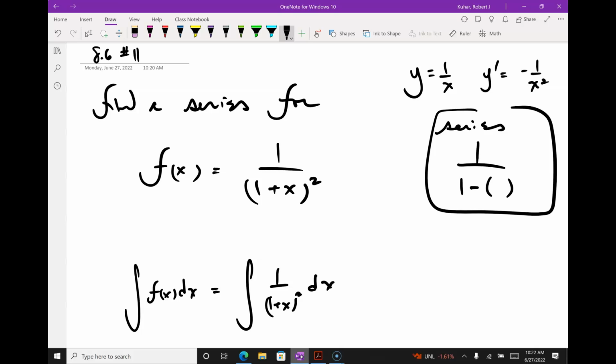And what is that? No, 1 plus x squared would be, right? So this is 1 plus x quantity squared. Well, we're just going to do a u sub here, aren't we? Yeah. So if u is 1 plus x, du is just dx, yes? So it looks like I have the integral of 1 over u squared du.